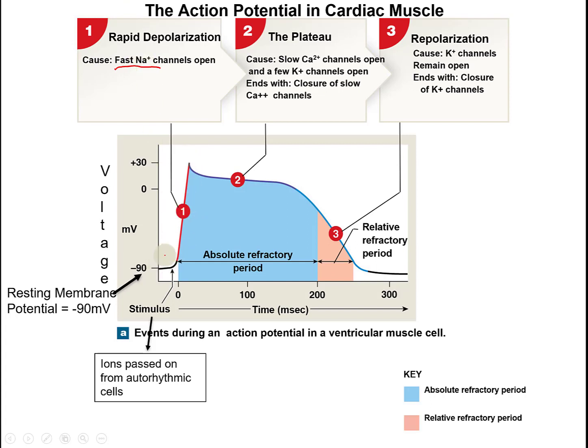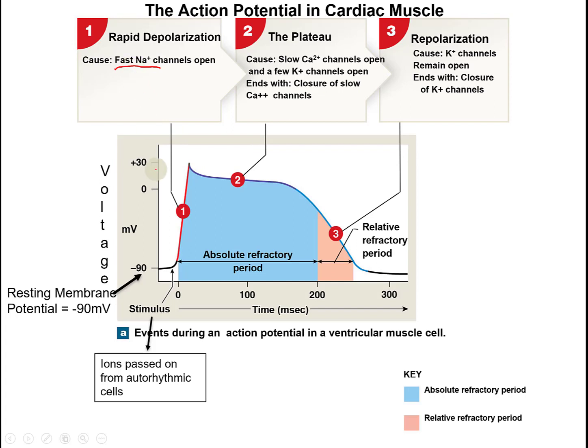Depolarized means it is no longer polarized. So instead of being minus 90, it goes to minus 89, 88, 87, 86, all the way up to plus 30, super fast. Okay, this is kind of important. Now when you get up to plus 30, the sodium channels close because they open and close at certain voltages.